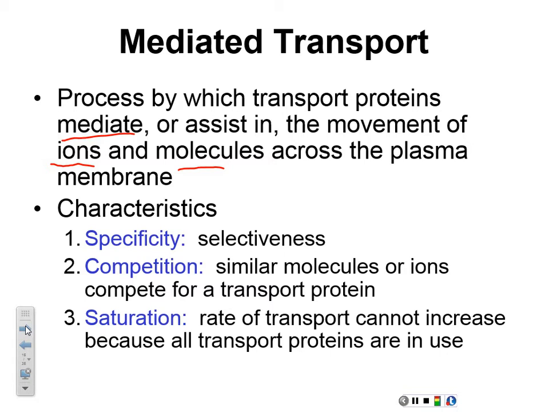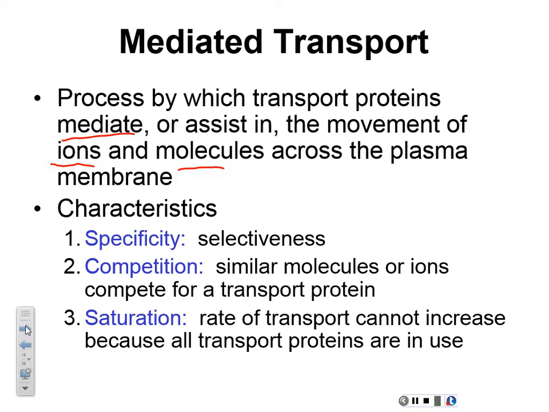So the transport will have a finite rate of movement based on what? What will regulate the movement of this mediated transport? What determines the rate of the movement?